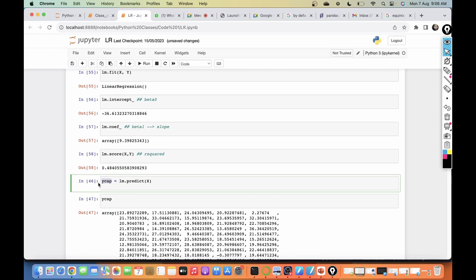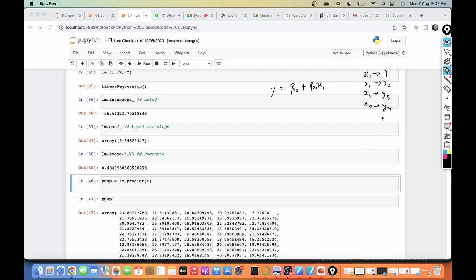Now y cap. To get the predicted values, we got the equation, beta naught plus beta 1 x1, but we didn't provide the values of x1 till now, right? X1, x2, x3, x4. We need to provide them, and for each corresponding x1 there will be y1, y2, y3.